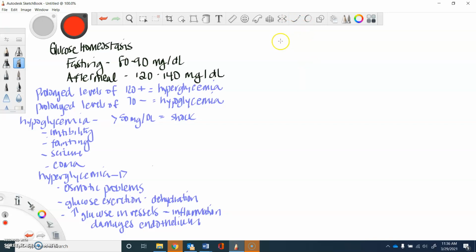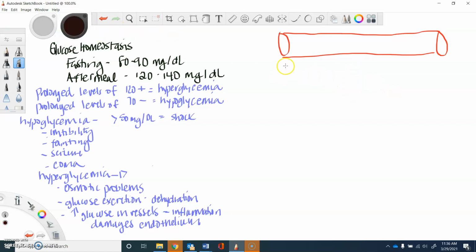Okay, so you've got capillaries that run through the pancreas. The pancreas doesn't know what your blood glucose is and doesn't really care. It just responds to the glucose that is coming into the beta cells of the pancreas.